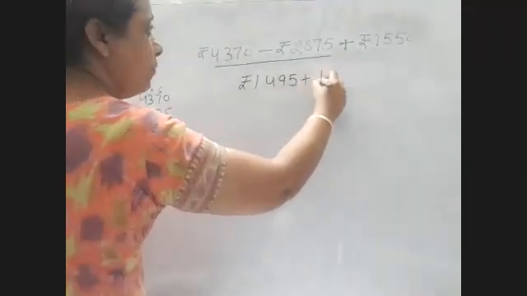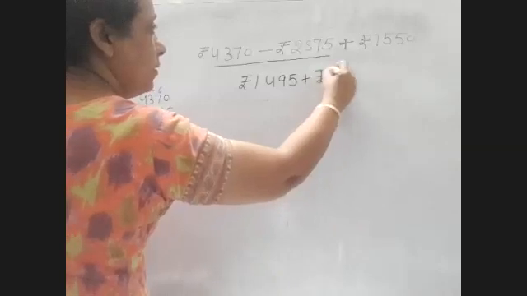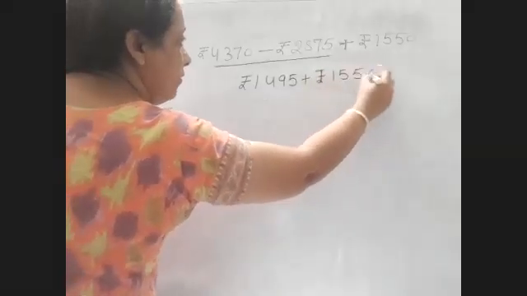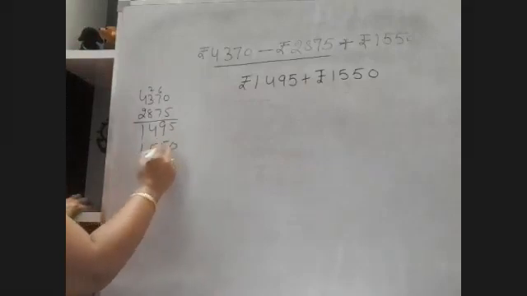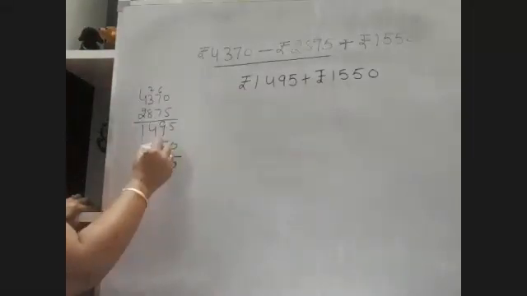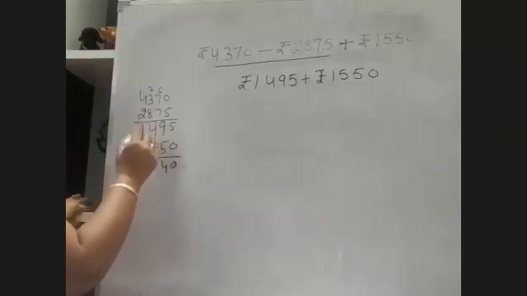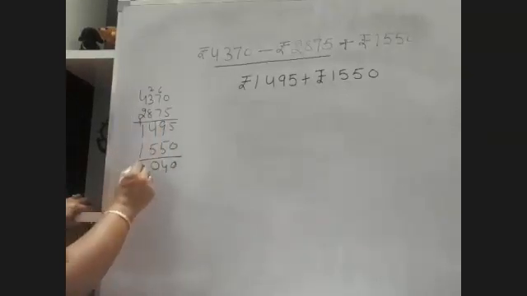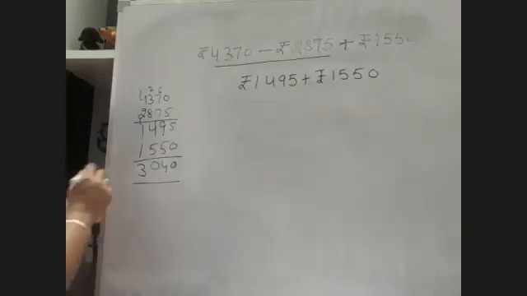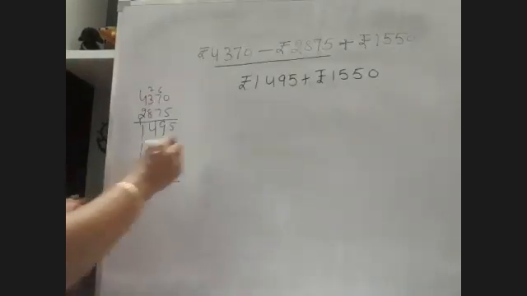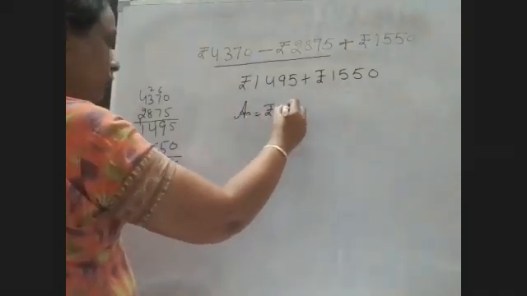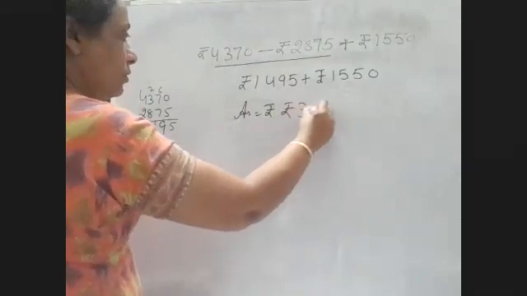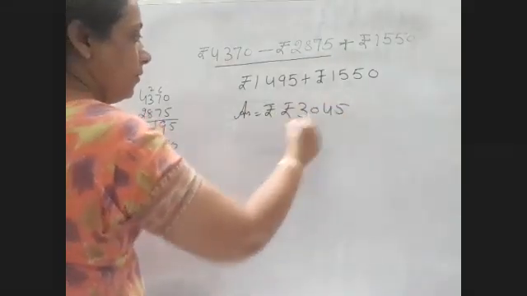Now add rupees 1,550. 5 plus 0, 5. 9 plus 5, 4, carry 1. So the balance is rupees 3,045. So the balance on Thursday is rupees 3,045.